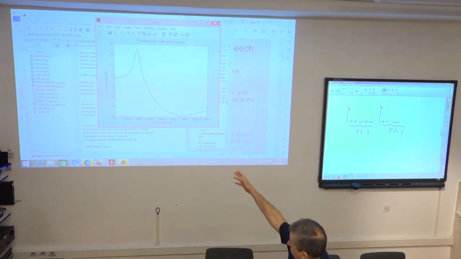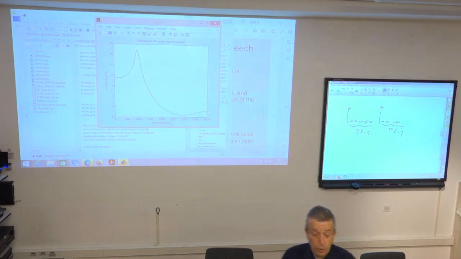With only a fourth order predictor, I have only one formant here, and I have two roots that are real. One root is here, and one root is here. So with fourth order, in this case, I have constructed the model with only one formant.